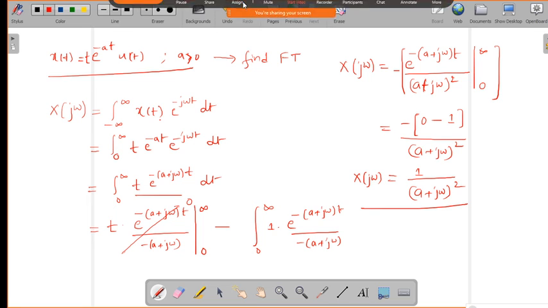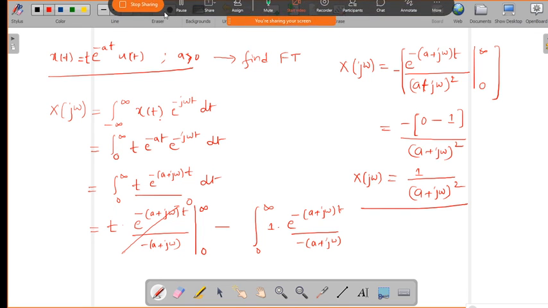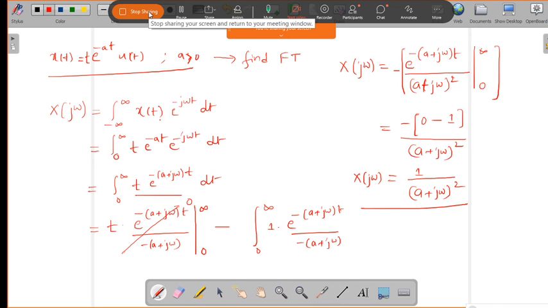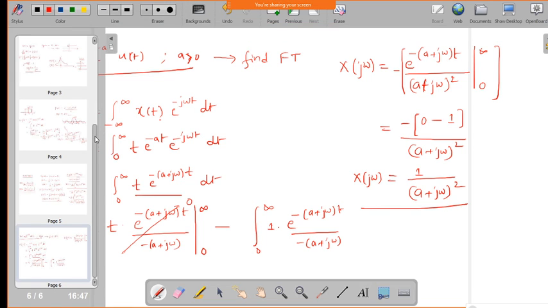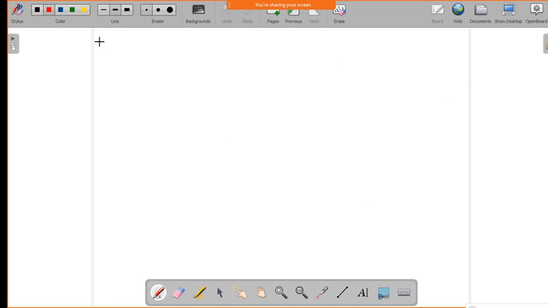Okay. Now try to find out another problem for Fourier transform and tell me the answer in the next class. Is it understood? Any doubt in this? So take x of t, which is given by e power minus 3t into u of t minus 1.